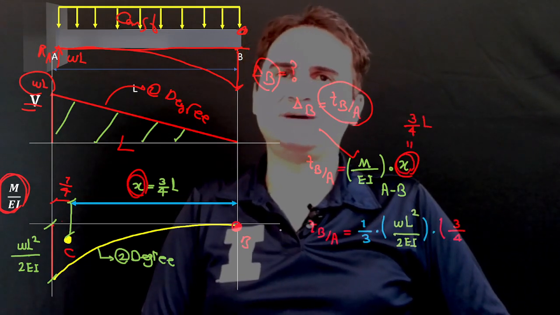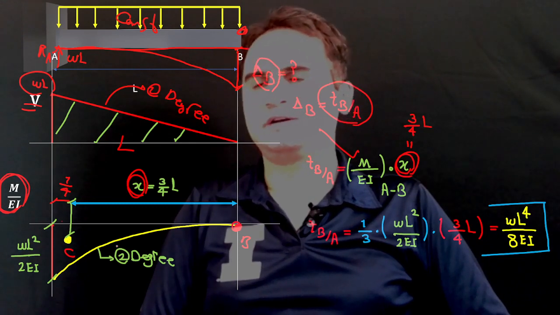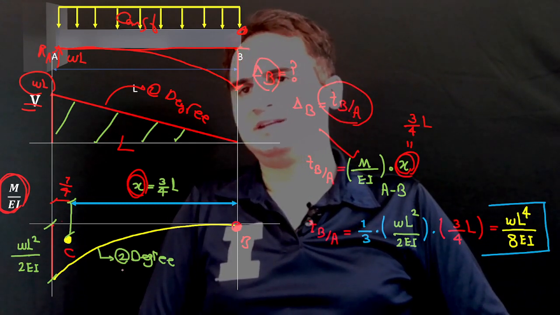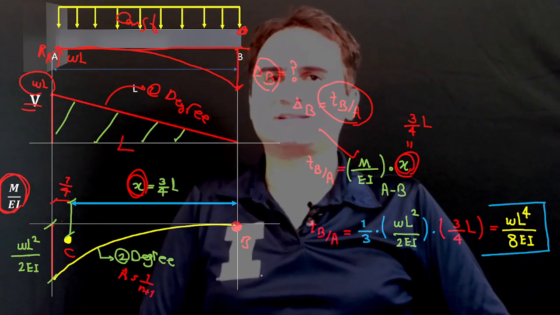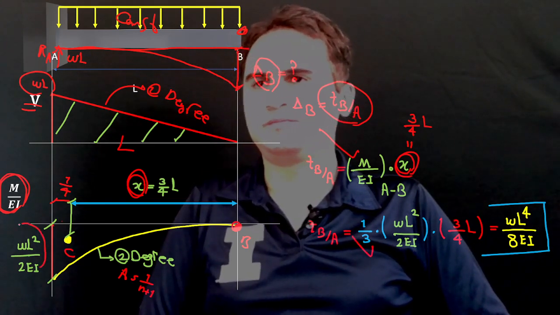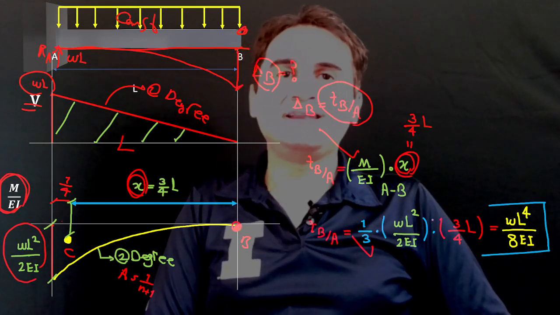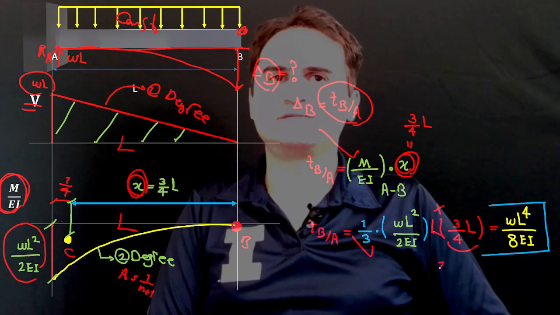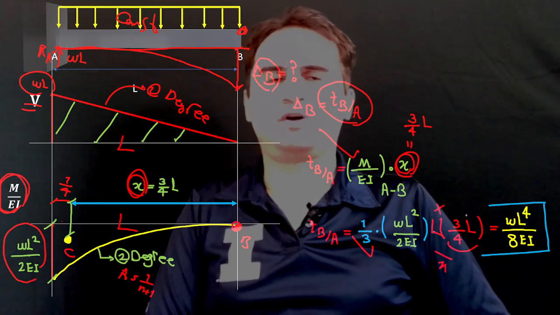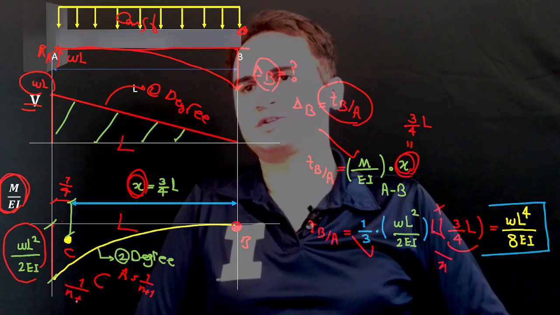If you do the math, it gives you 1/3 of 1/3. If it's second degree, area is 1 over n plus 1, and that's 1/3 of WL squared over 2, times L, which is length, then times X, which is 3/4 of L, and the centroid is 1 over n plus 2.